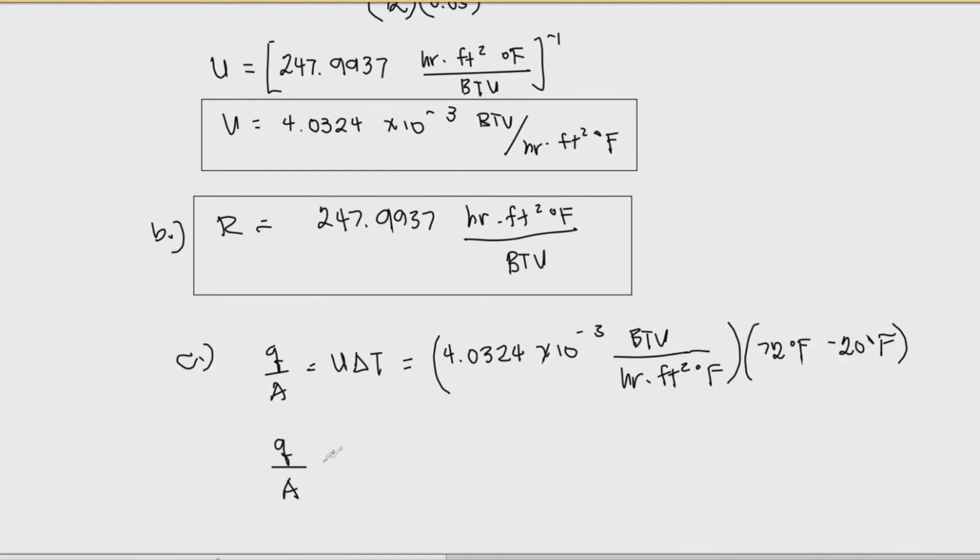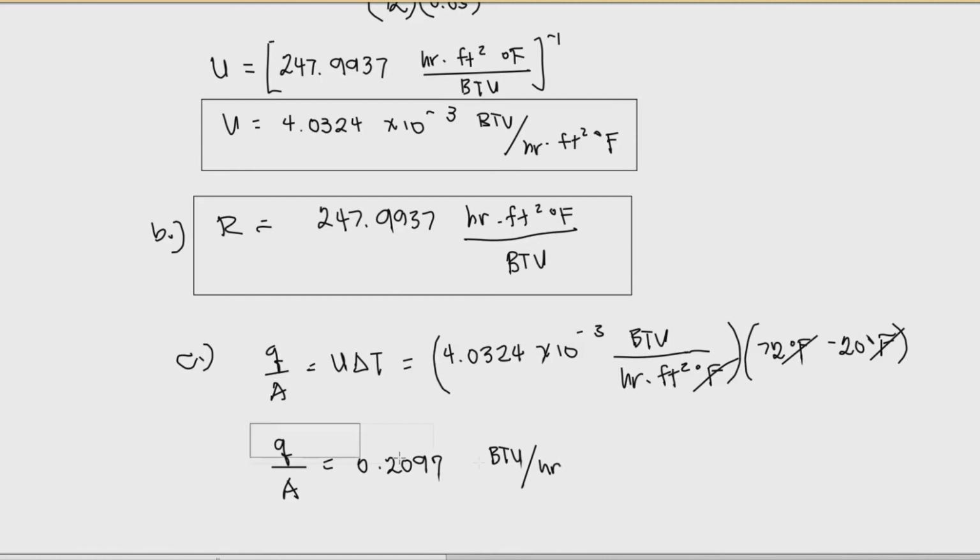So therefore, Q over A is equal to, we cancel this Fahrenheit, and now we're left with BTU per hour per feet squared, and that makes sense since that is Q over A. So the answer would be equal to 0.20997 British thermal unit per hour.